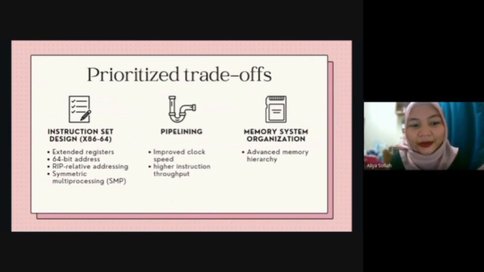We use 64-bit addresses, RIP relative addressing, and we also apply symmetric multiprocessing. For pipelining, we improve the clock speed and we use higher instruction throughput. Other than that, for the memory system organization, we make sure that the memory hierarchy is advanced.